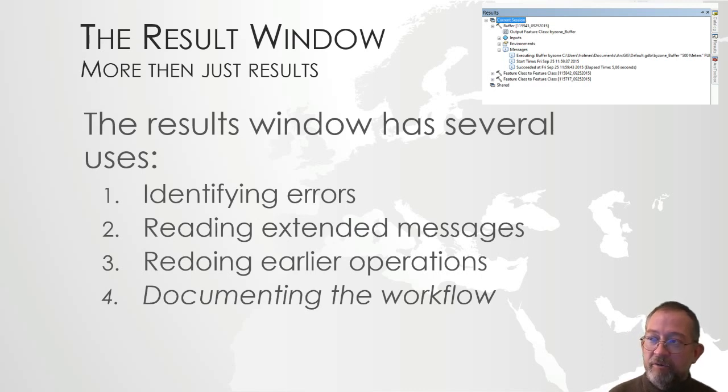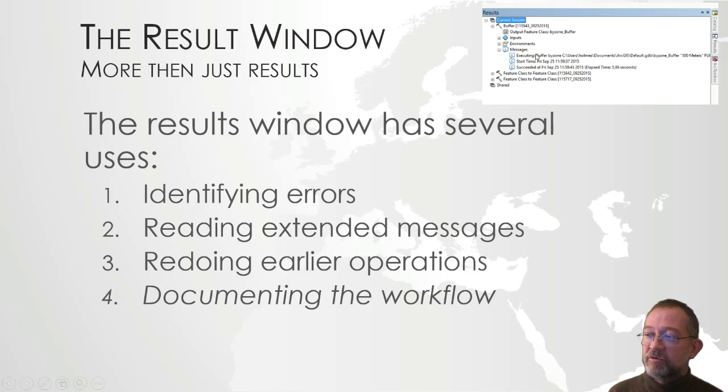Any operation you do will come in. If it succeeds, it will be a little hammer. If it fails, there will be a little red indication that it failed. You can double click on the hammer and it will bring up the dialog box of the tool with the settings you had last time you ran it. So you can just change the settings a bit and then run it again.